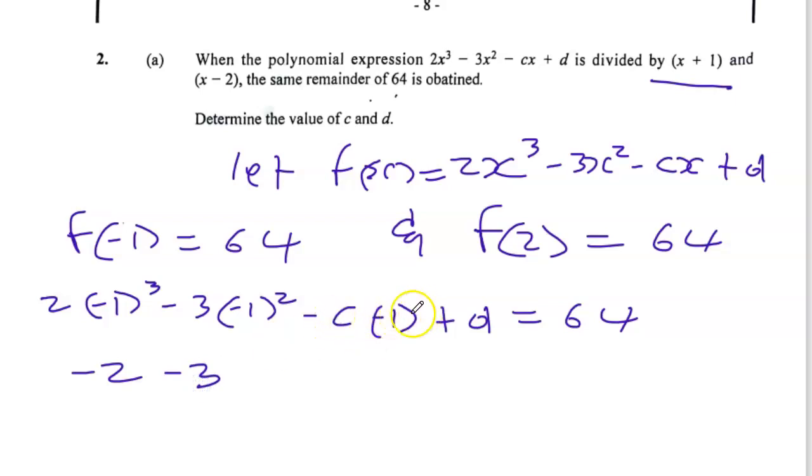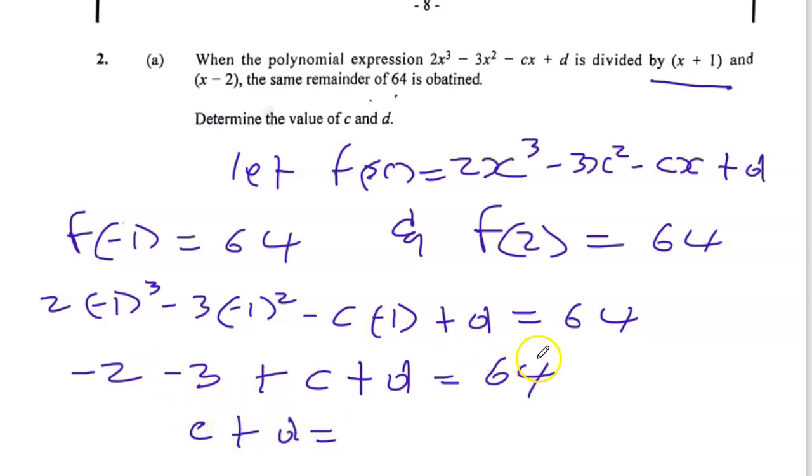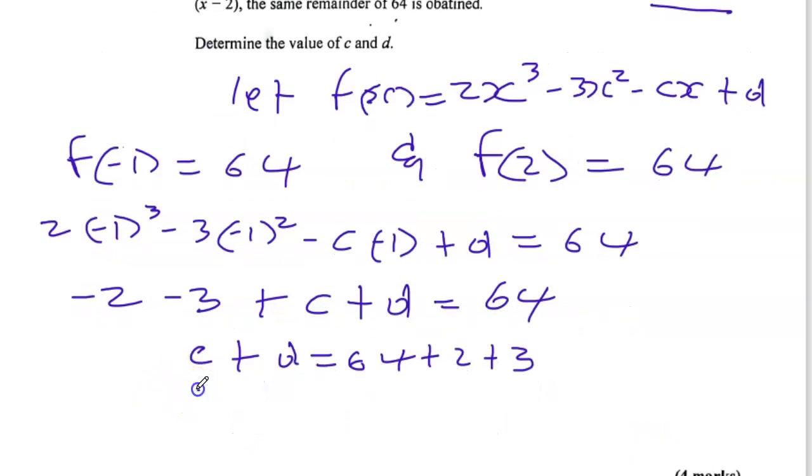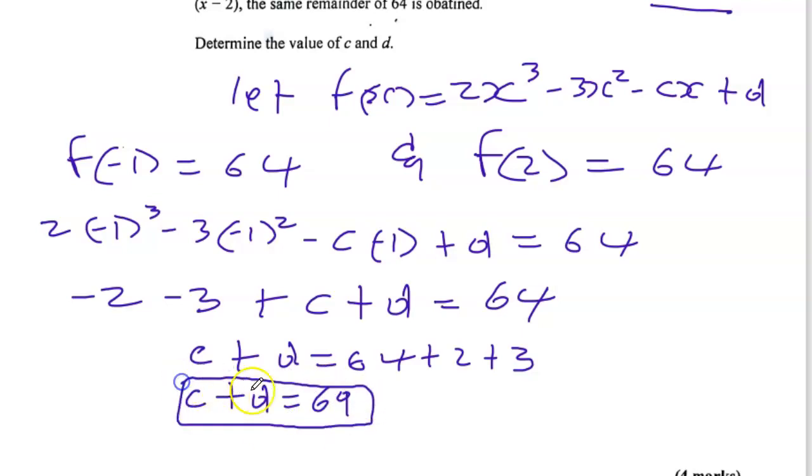Negative c times negative 1 is positive c, plus d equal to 64. If I group everything, I end up with 64 plus 2 plus 3, so that c plus d is equal to 69. So that's one equation.